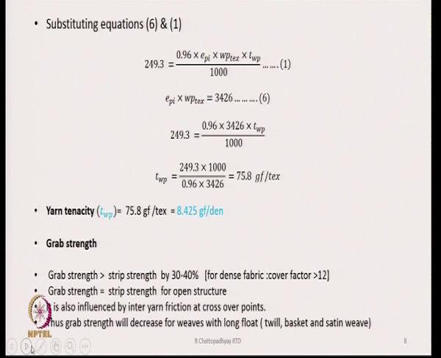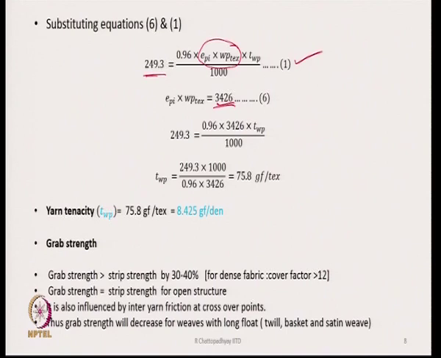Okay. So, we will come to that. Now, if we write that strength is this, we have written it earlier, the equation number 1. Here the EPI and this value we have found out already, that is 3426.